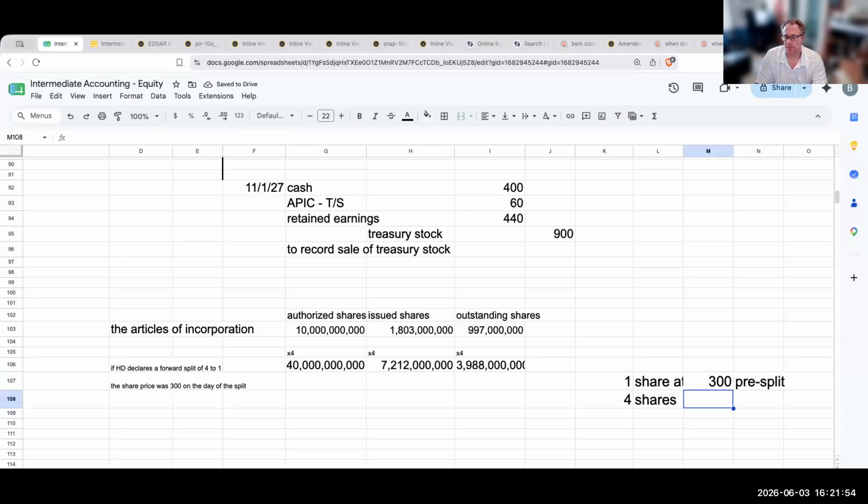It's 300 divided by 4, or 75 bucks per share. So when we have a forward split, this is what happens.